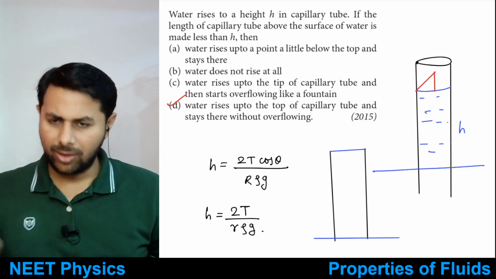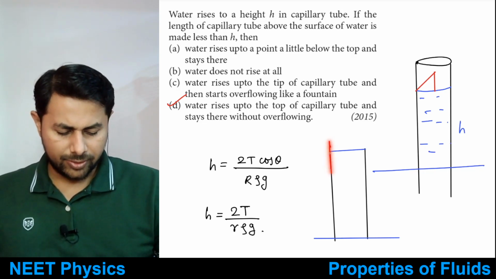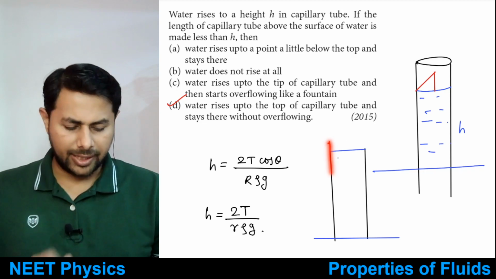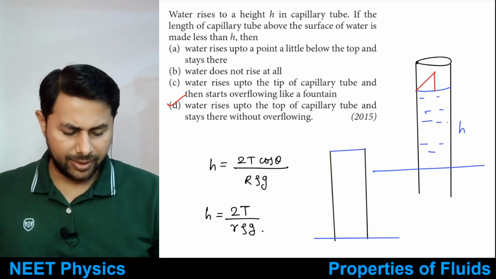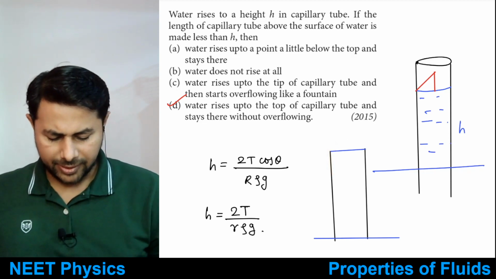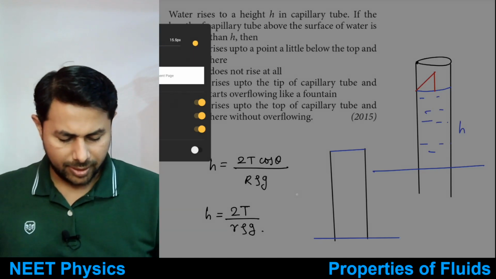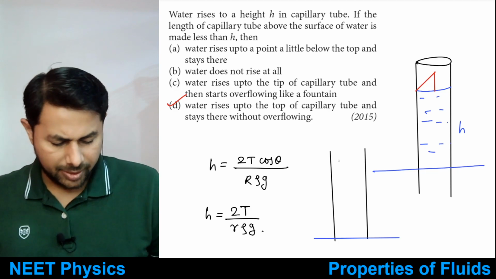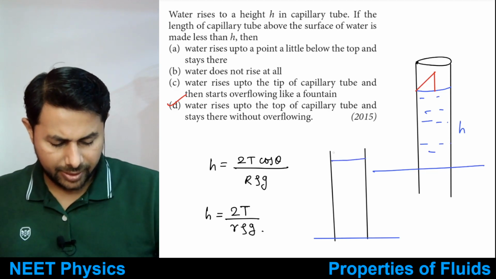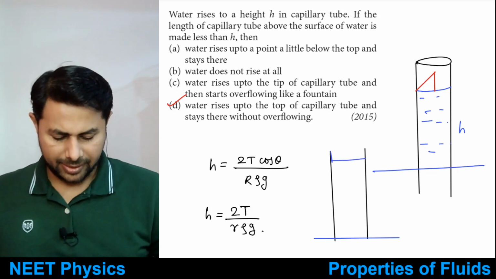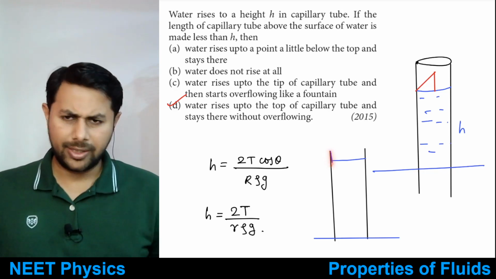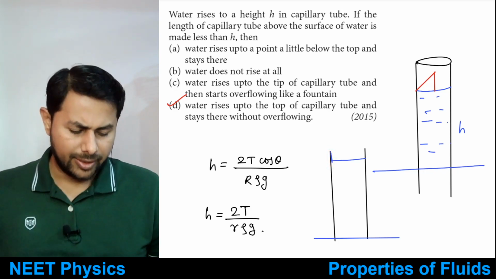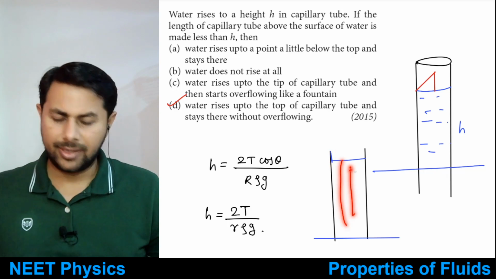So how much is the angle of contact for water? It is 0 degrees, right? Or let's take a very acute angle. Suppose water rises up to this height, then the angle of contact would be like this. Suppose it rises like this, then what will happen?